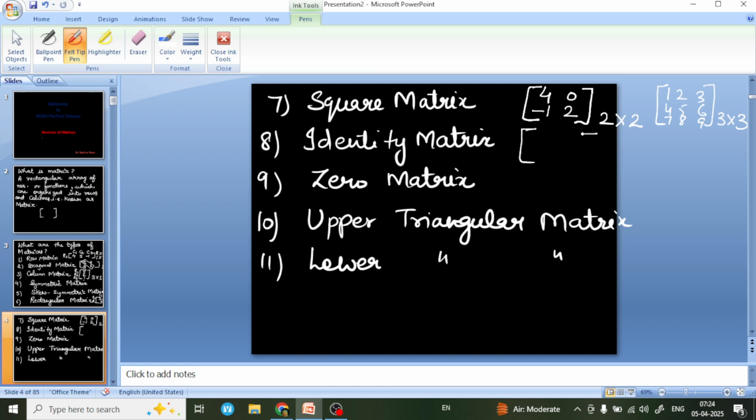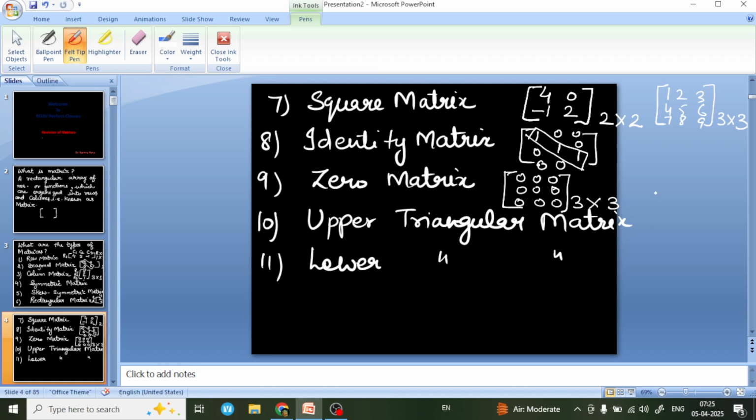Identity matrix means when diagonal values will be 1, 1, that is known as an identity matrix. You can see here all values of the diagonal will be 1. When all elements of the matrix, whether diagonal or other elements, will be 0, that is known as a zero matrix.